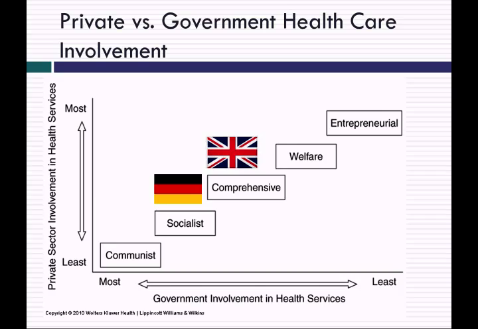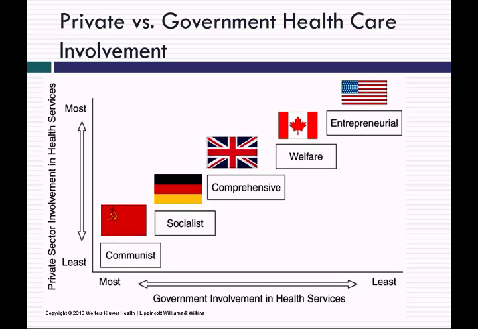A useful way to compare different healthcare or health service systems is to categorize them based on the degree of governmental involvement in the planning, financing, and controlling of health services. So on this chart, you'll see that the horizontal axis moves from most government control to least government control, where the vertical axis looks at the amount of private sector involvement, moving from the lowest amount to the most involvement of the private sector.